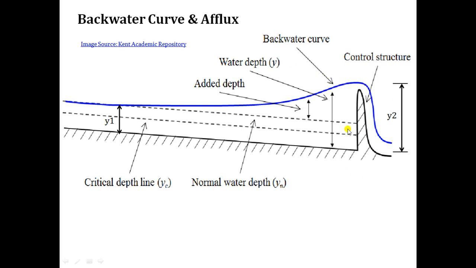So if there was no obstruction, if the flow is uniform, the free water surface would have been parallel to the bed of the channel. Now, because of this obstruction, at a certain point, the depth of flow rises and it attains a maximum.